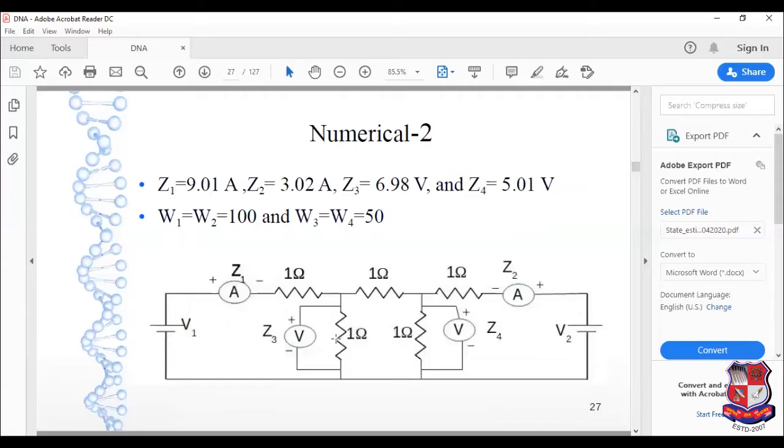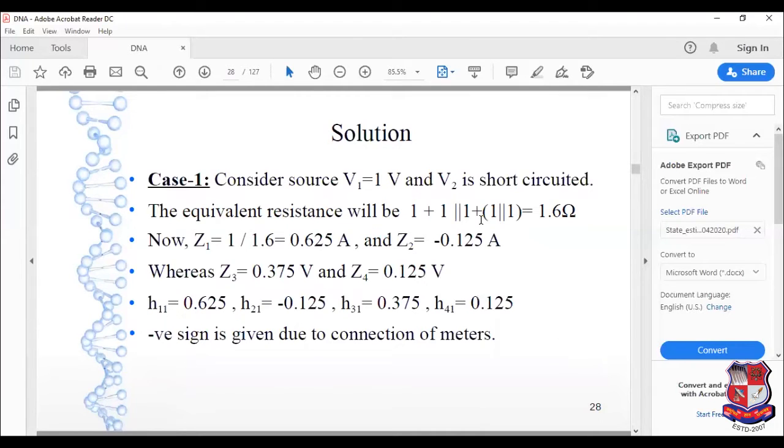These two are also in series with this 1 ohm resistance. So the aggregate will be 1 plus 1 parallel 1 plus 1 parallel 1. If we resolve this, we will get R equivalent equal to 1.6.